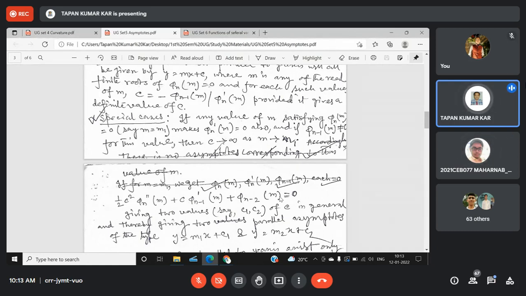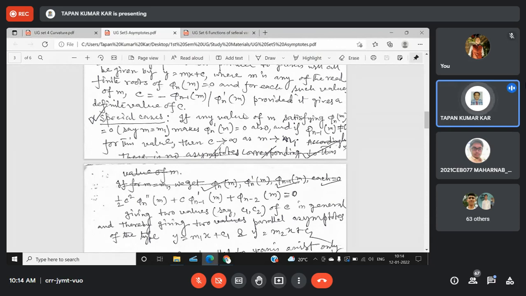Ax square plus bx plus c equal to 0 is the quadratic equation. Suppose this equation has both roots equal, m1, m1. Then it can be written as a into x minus m1 whole square. So even if you differentiate this term, there is still a factor x minus m1, and if you substitute m1, it will be 0.